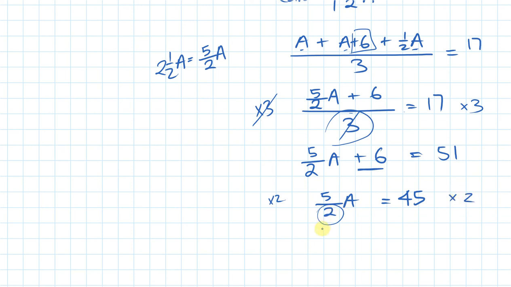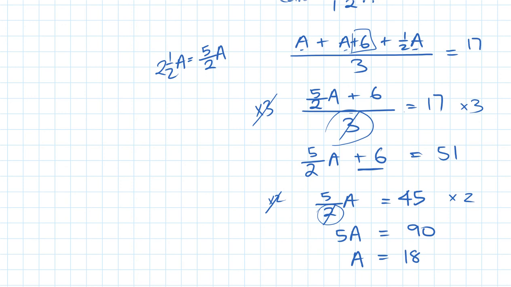Those two cancel, and I'm left with 5A equal to 90, and then A is equal to 90 divided by 5, and that is 18. So A is 18.